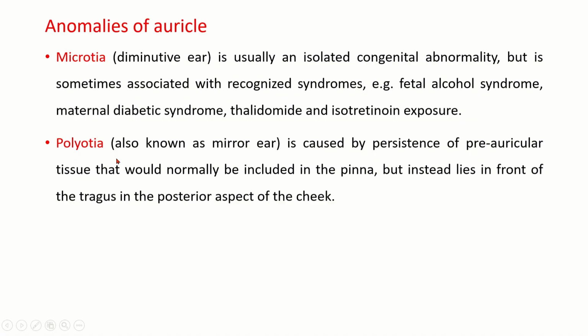Then polyotia, which I have shown in the diagram, also known as mirror ear, is caused by persistence of preauricular tissue that would normally be included in the pinna but instead lies in front of the tragus in the posterior aspect of the cheek.